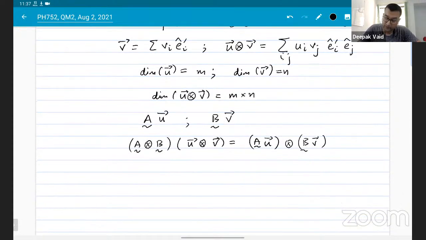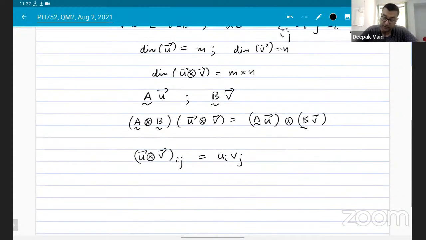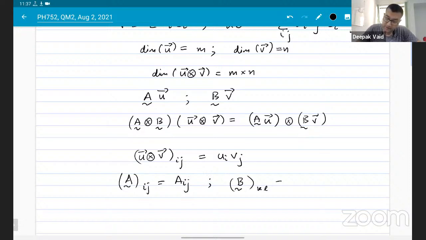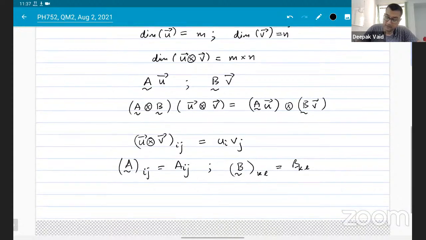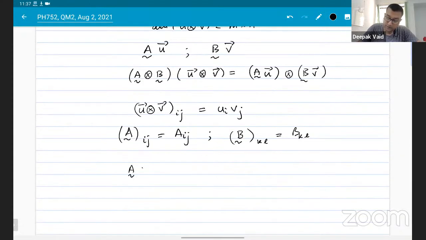So in terms of components, what are the components of U tensor V? Ui Vj, right? I goes from 1 to M, J goes from 1 to N. What are the components of A? The components of A are just the matrix elements Aij. Components of B are just the matrix elements Bkl. What are the components of A tensor B?